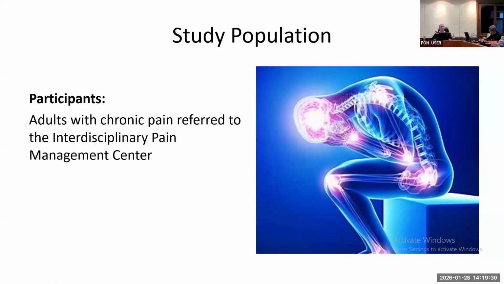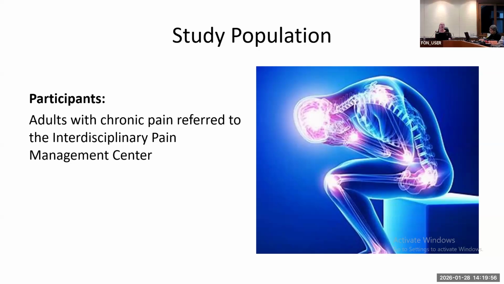And our participants were adults with chronic pain that had been referred to the Interdisciplinary Pain Management Center. So let me explain a little bit. Number one, these are people with chronic pain. And the definition for chronic pain is someone who has pain for more than 3 months.